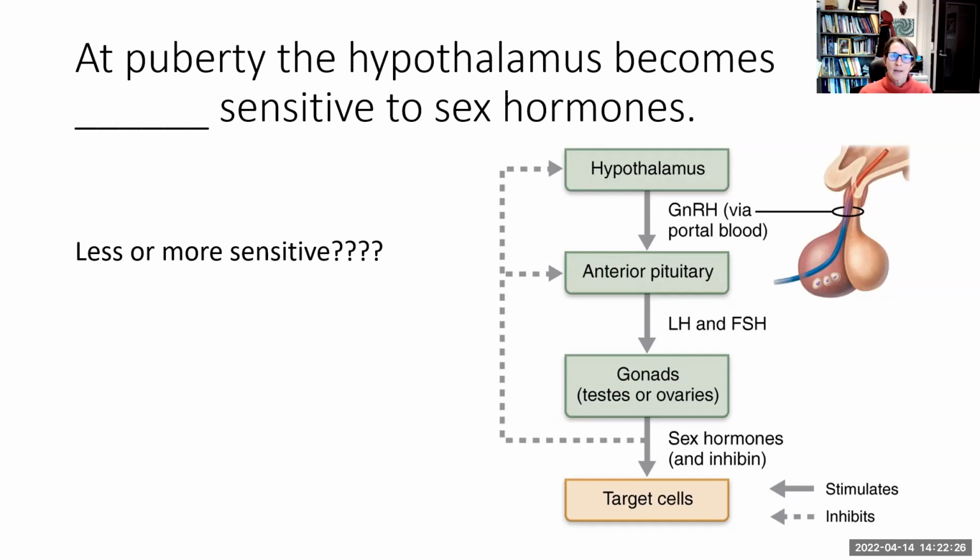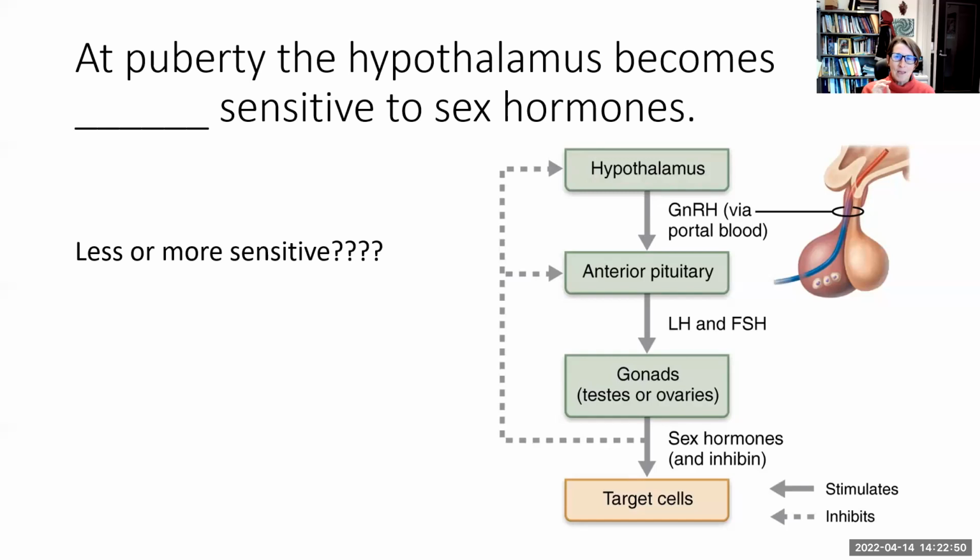It's going to become less sensitive to it. Does that make sense? So if your hypothalamus is becoming less sensitive to sex hormones, think about it like if it has fewer receptors. Oh, wait, forget that. Let's just stick with this. Let's not get into the molecular pieces of it.